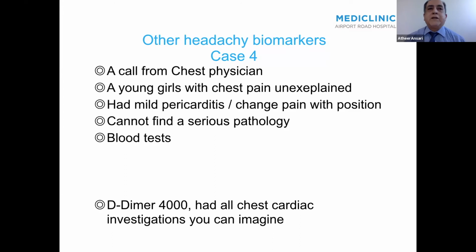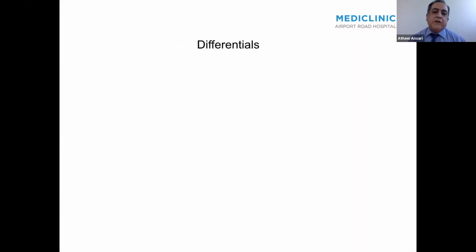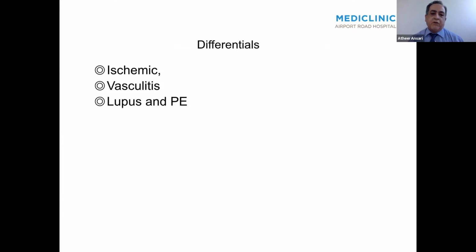I can tell you, she had all the tests for chest and heart, cardiac catheterization, echo, MRI, cardiac scan, everything, because of the D-dimer 4,000. So we need to learn the lessons from such cases. They were thinking of, is it vasculitis, lupus with PE, ischemic thing?